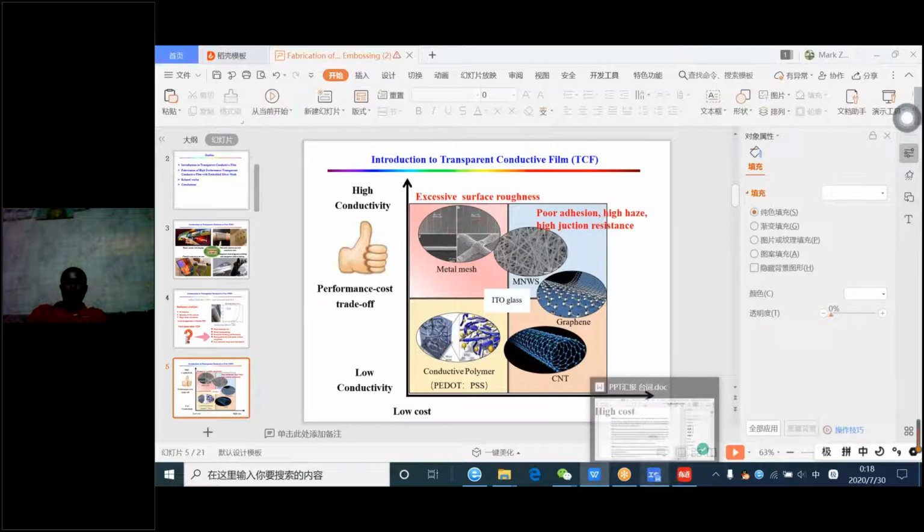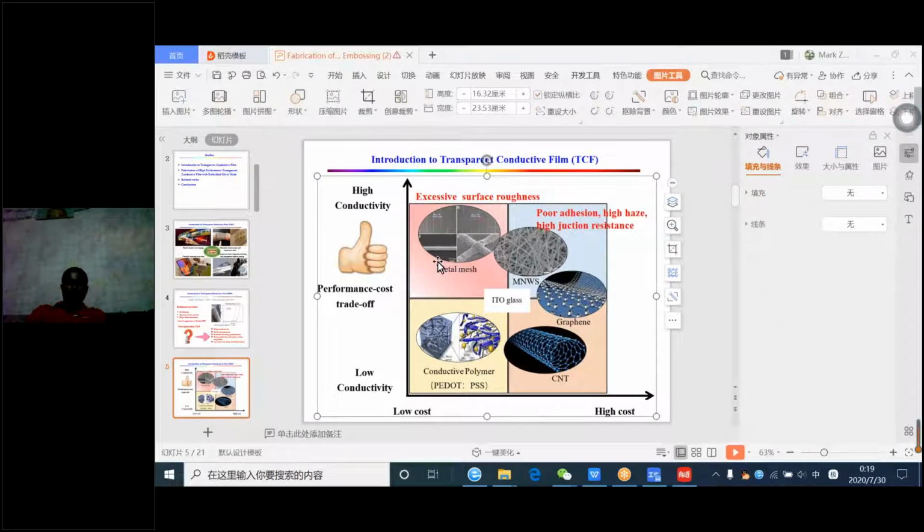However, there are still some disadvantages for the metal mesh and the nanowires. For example, the excessive surface roughness may easily cause an electrical short circuit between the metal mesh and a top electrode.